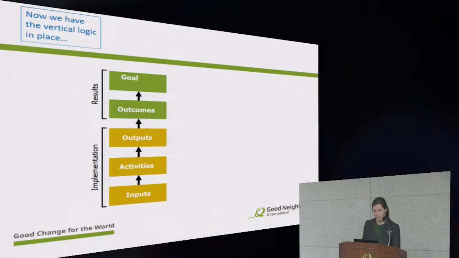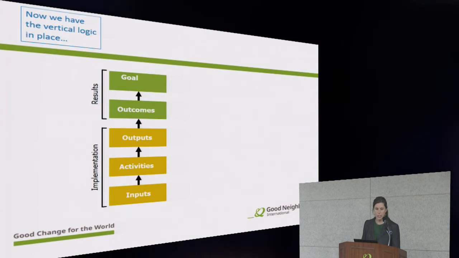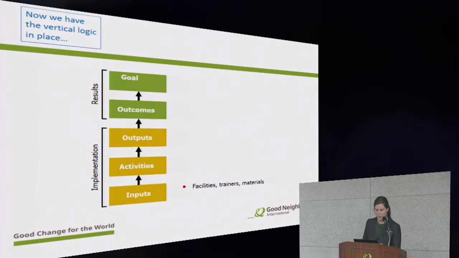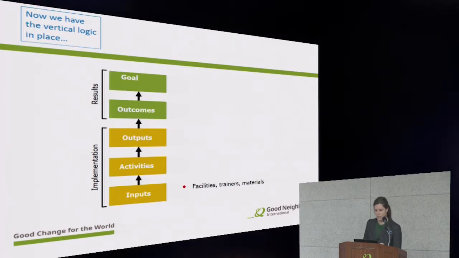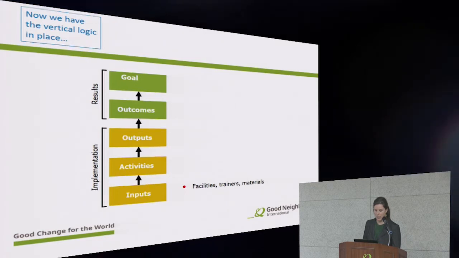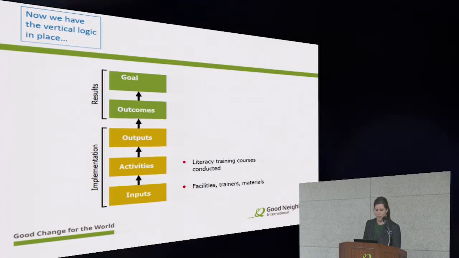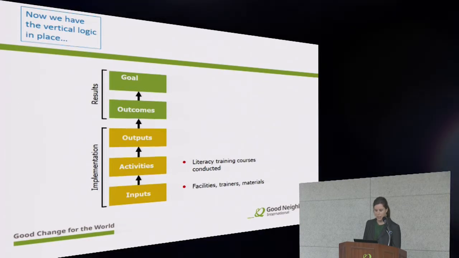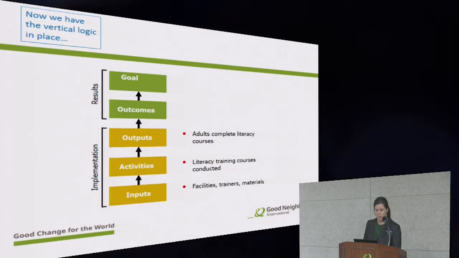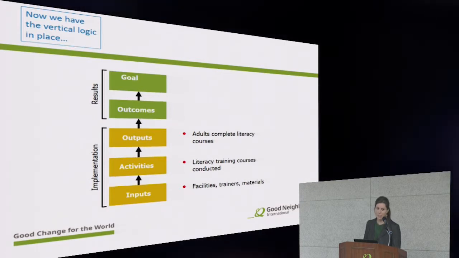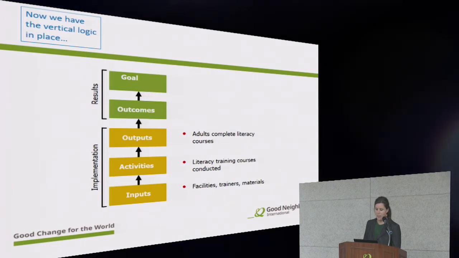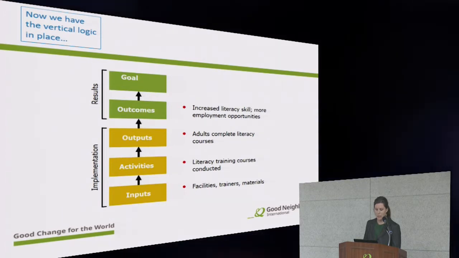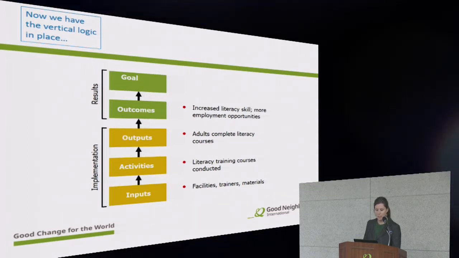So now we've discussed each level of the results chain. So let's look at an example of how they fit together. So inputs: if facilities, trainers, and materials are provided, then activities: the literacy training courses are conducted. If literacy training courses are conducted, then we see outputs: adults complete the literacy courses. As we move up logically, if adults complete the literacy courses, then we'll see a change.